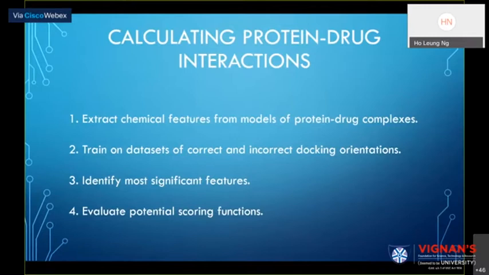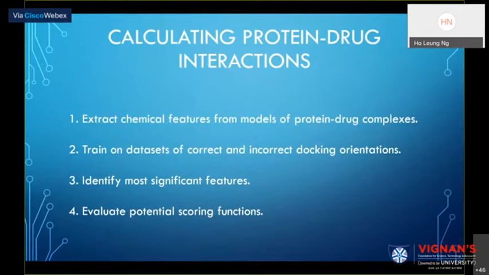data sets of correct and incorrect docking orientations, meaning that where you have a given molecule, you have to take into account both the conformation of the molecule, the conformation of the target, and how well the drug molecule fits the drug target.